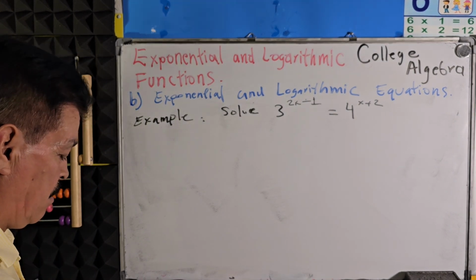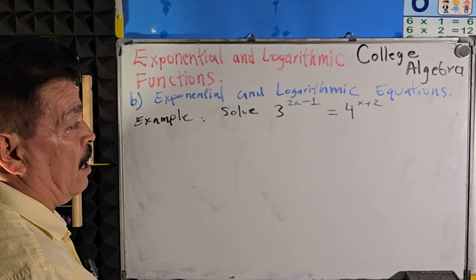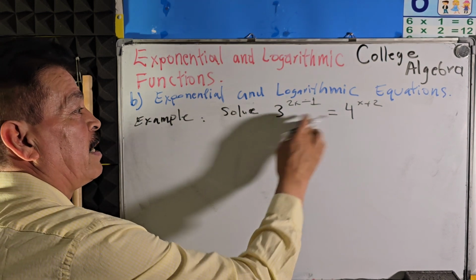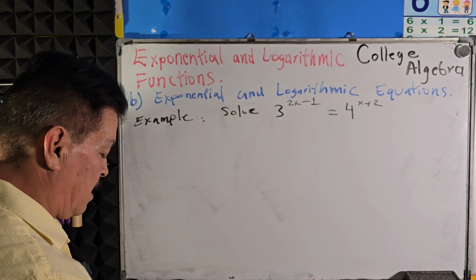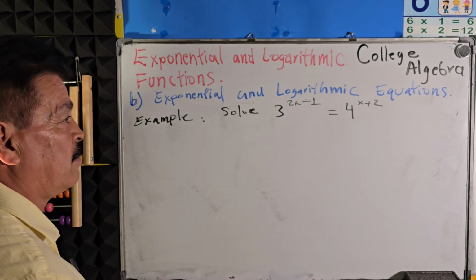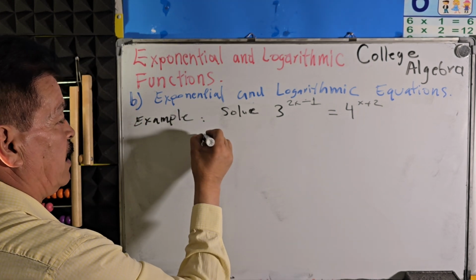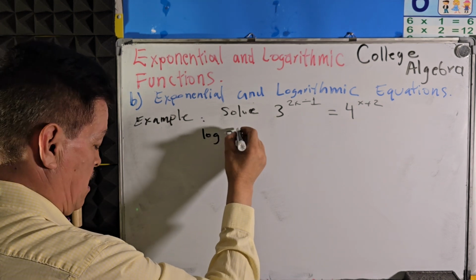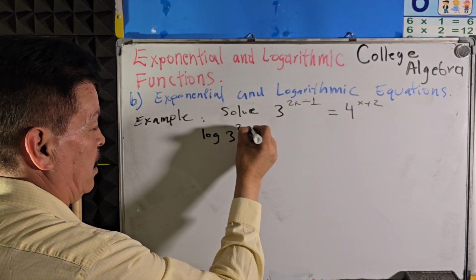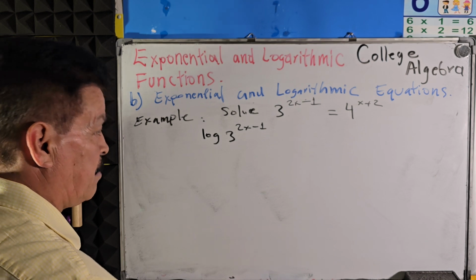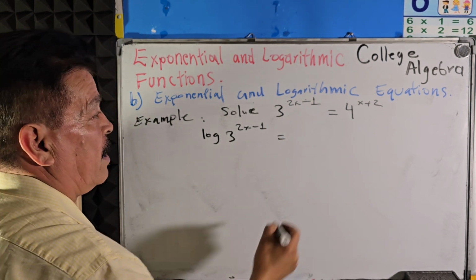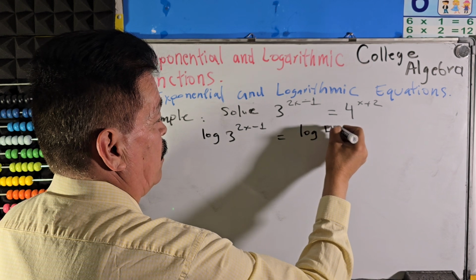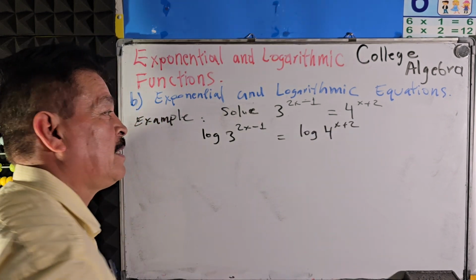So now we have to take the logarithms in both sides. Remember, I don't want to write the process right now. Just write the problem. So write log right here of 3 to the 2x minus 1, okay, in both sides. So get the logarithms in both sides. So log of 4 to the x plus 2, right?